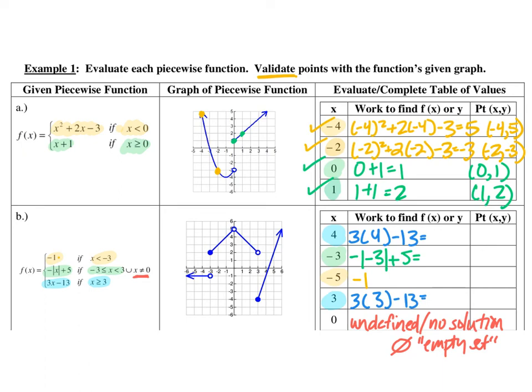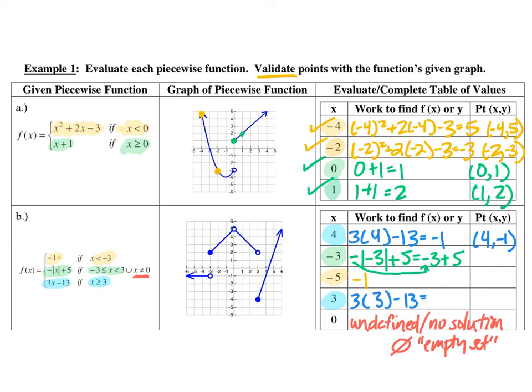So we simplify all these. 3 times 4 is 12, minus 13 is negative 1. So our point here is 4, negative 1. Negative absolute value of negative 3 is negative 3, so that's negative 3 plus 5. Notice this negative comes from the negative that's on the outside.